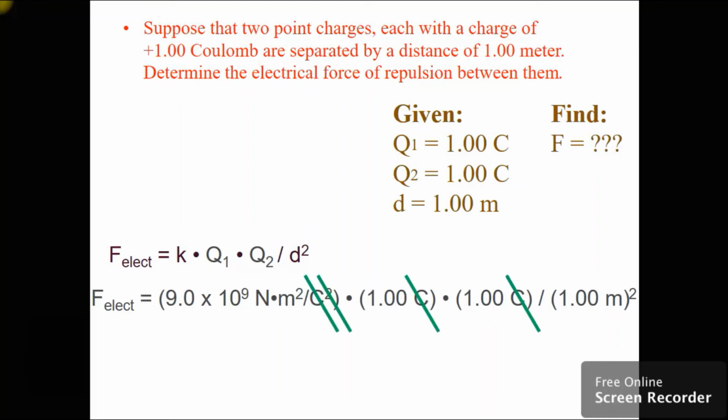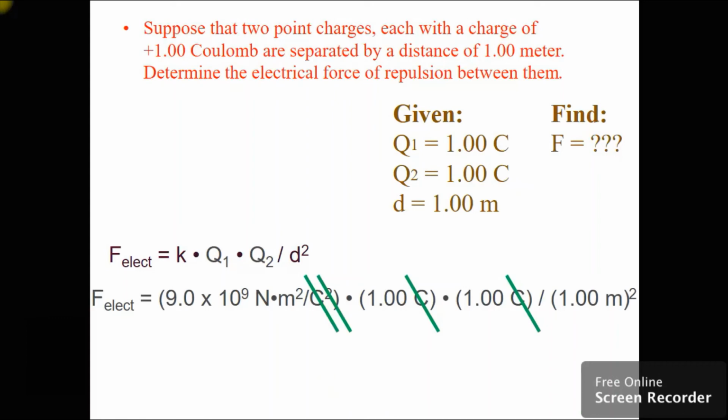I am going to show you this. The coulombs, there's the C for coulomb, that cancels with the coulomb underneath the divide sign here. And that other coulomb cancels with the other C because it's squared. So those two C's go away. So I'm just eliminating the units that I can cancel.